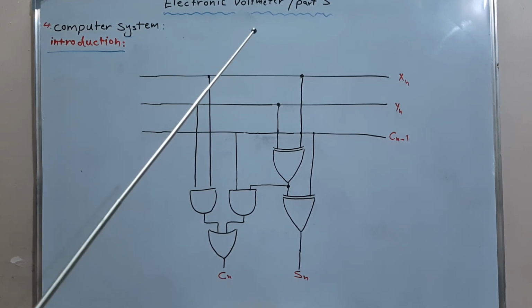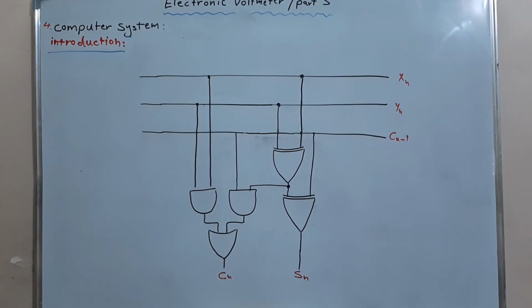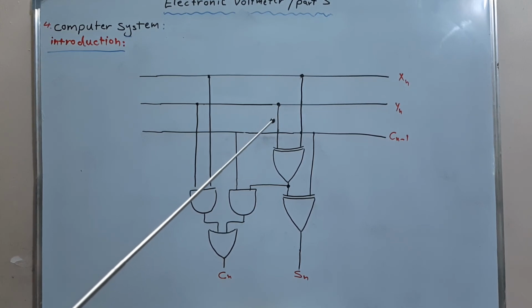The first and the second ports are for the n-th bit of the first and the second number. The third one is the carry bit that resulted from the previous addition of n-1 bits of the two numbers. This port is for the bit of the result that resulted from the addition of the 3 bits, and this one is for the carry bit that resulted from the addition.